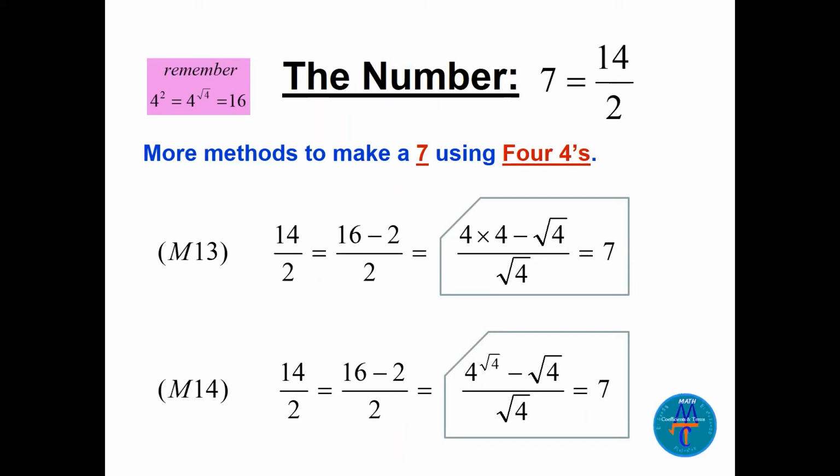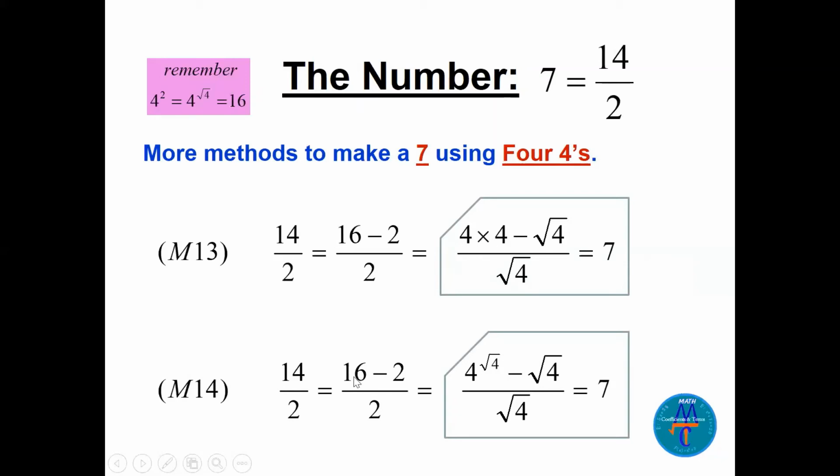See, I mentioned before, 7 is equal to 14 over 2. 14 will be 16 minus 2. And also here 16 minus 2. But the only difference is this 16 can be 4 times 4, that's 16, minus 2, 14 over 2, 7.